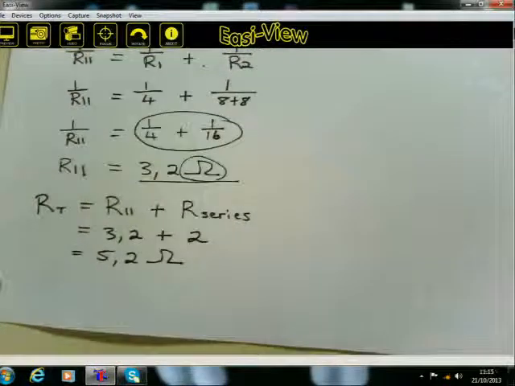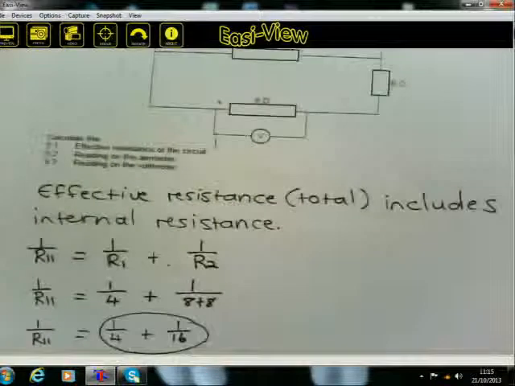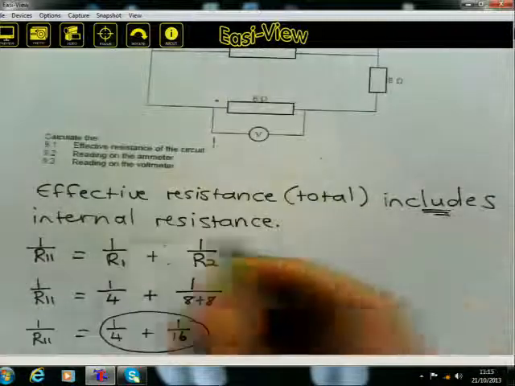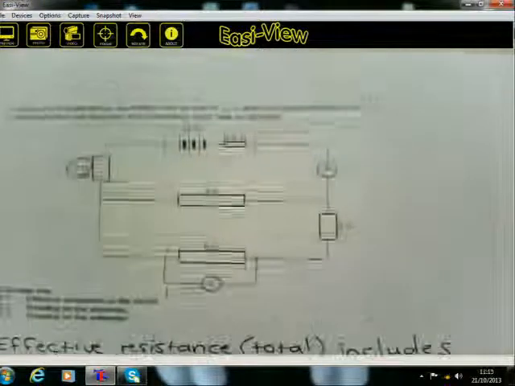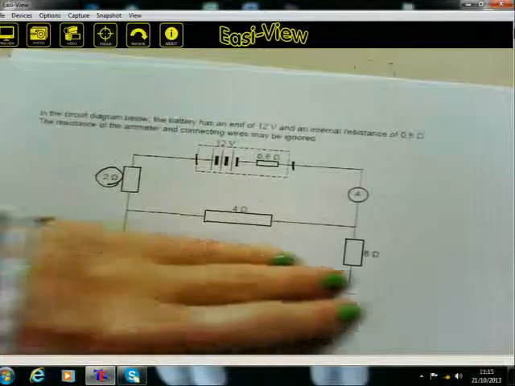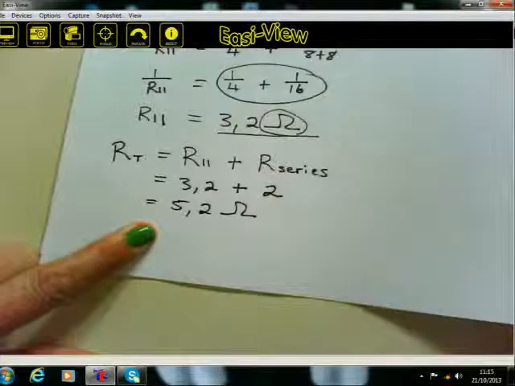Okay, but is this now the total effective resistance? No, not yet. Why not? Because we said that effective resistance includes internal resistance, and we haven't added that yet. So we have the external resistance of this whole part here. External resistance is equal to this 5.2.